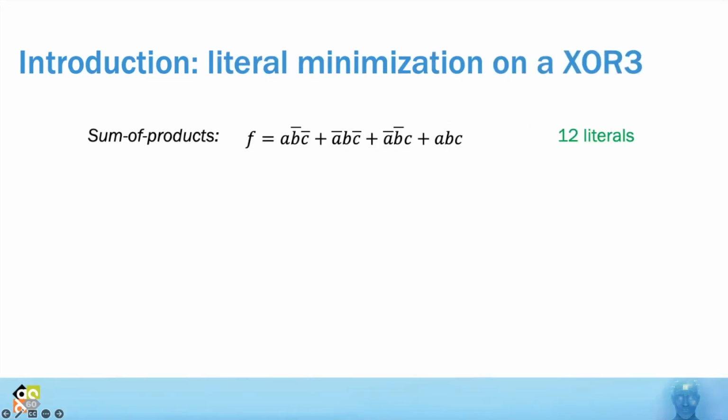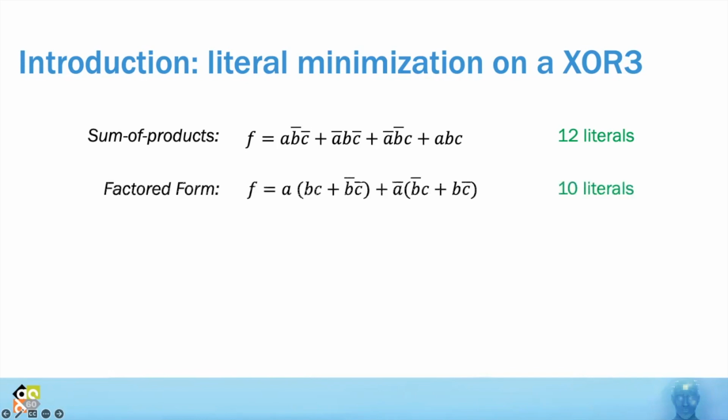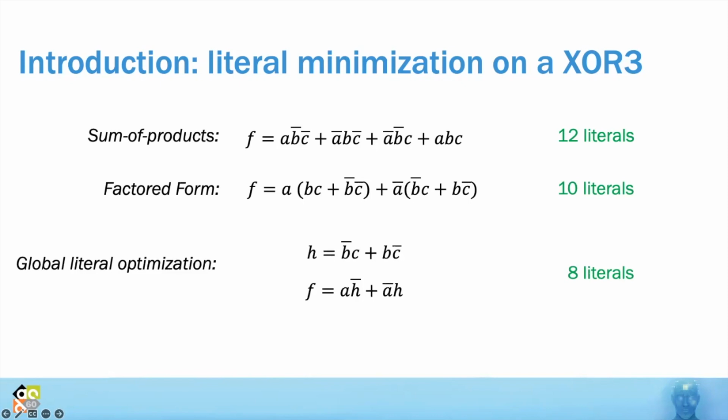This is an example of how we can improve the literal counts on a Boolean function. For example, here there is the DAC23. If we represent it as a sum of product, we have 12 literals. If we factor it with literal A and A negated, we can reduce it to 10 literals, and this is the minimal factor form. But there is still a better implementation of this, where the XOR3 is not represented as a factor form, but is decomposed in two factored forms.